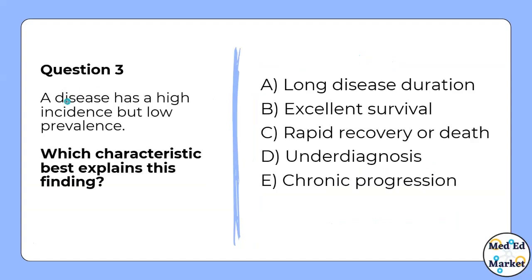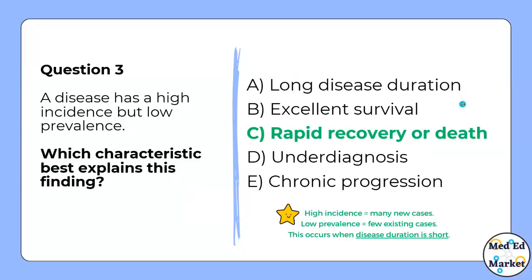Question number 3. A disease has a high incidence but low prevalence. Which characteristic best explains this finding? Our answer here is C, and that is rapid recovery or death. Remember, high incidence means many new cases, but at the same time, we have low prevalence, few total existing cases.